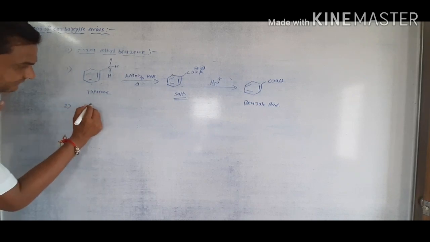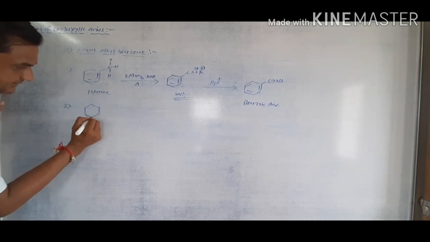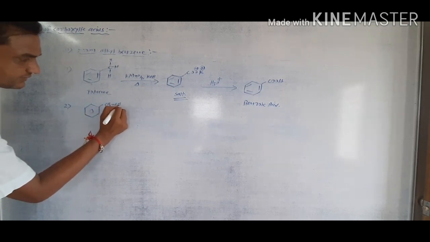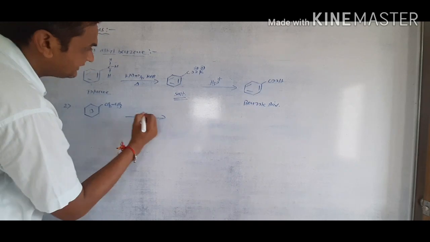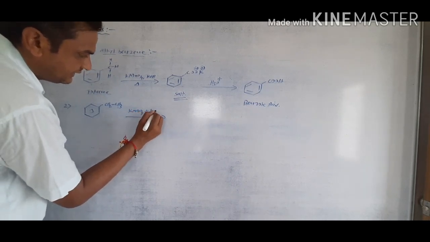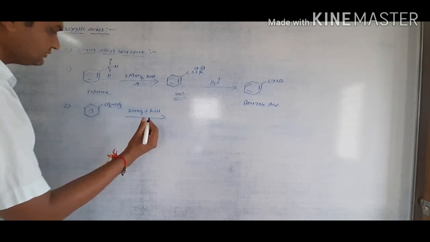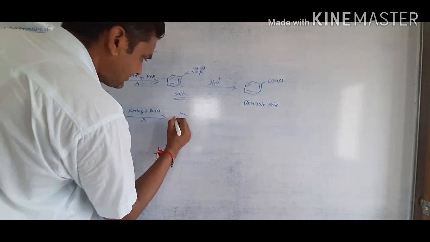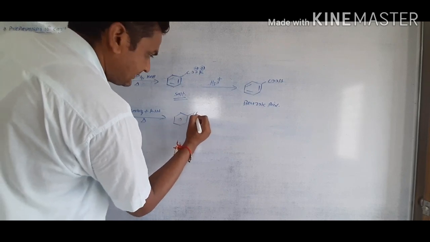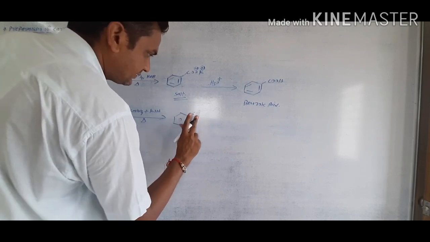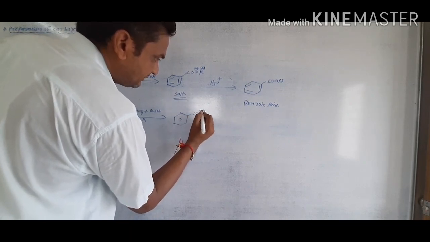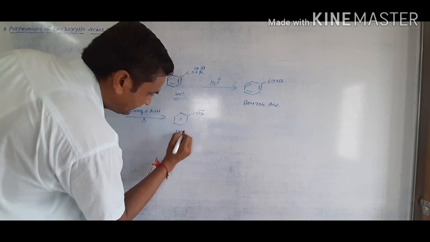Suppose that the second example is CH2CH3, with similar reagent KMnO4 plus KOH, then gives COO minus, which is also a salt.